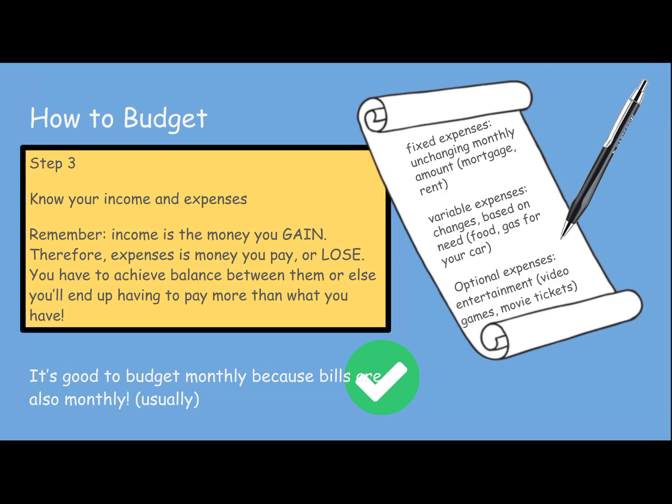Optional expenses are like entertainment, video games, movie tickets, accessories, clothes, anything. Those you will always have to eliminate first if your budget is never working. Never eliminate your mortgage value or your food. No, you have to take out your optional expenses first.